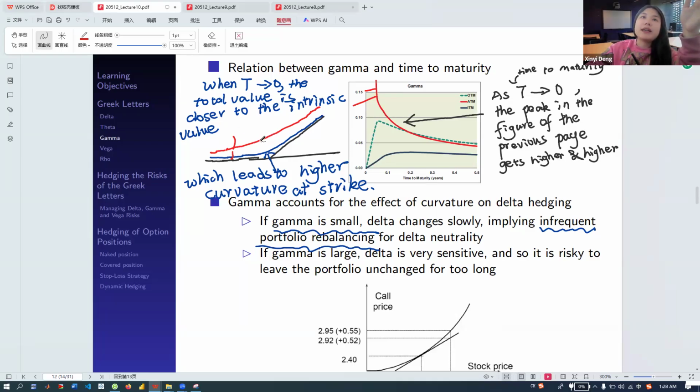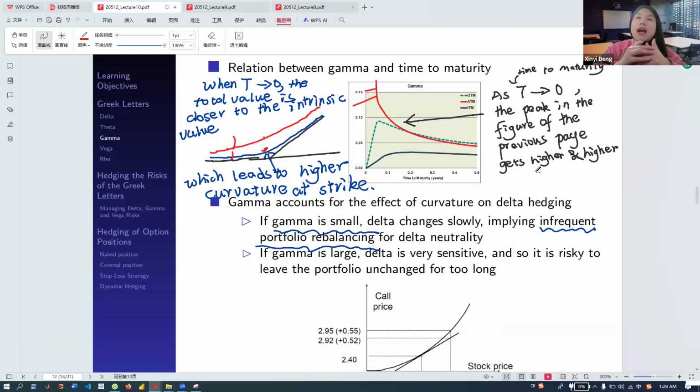So the blue line is the total value after maturity reduces, and we can clearly see that the curvature at the strike, sorry, the curvature of the blue line is significantly larger than the red line, right?